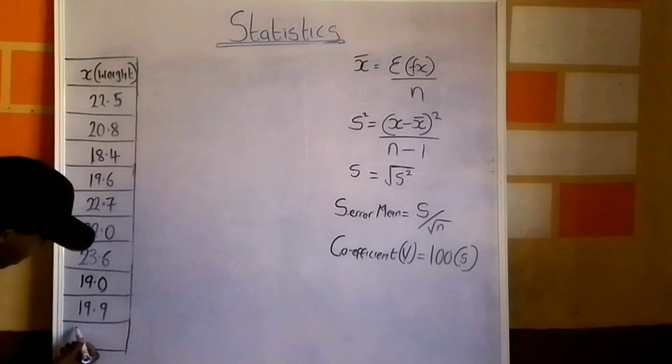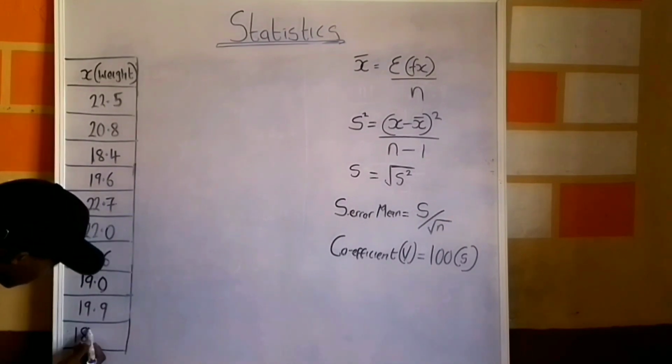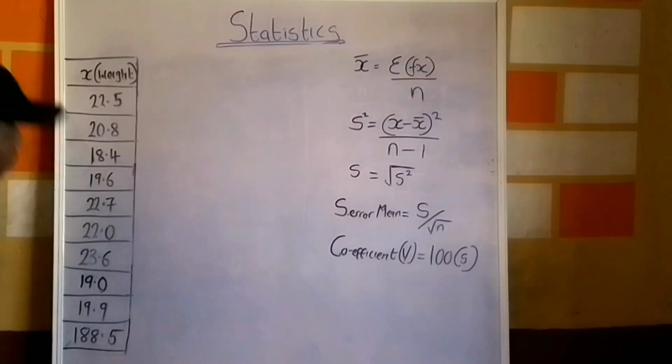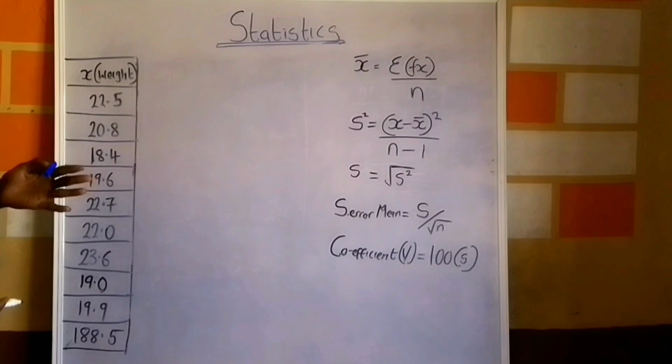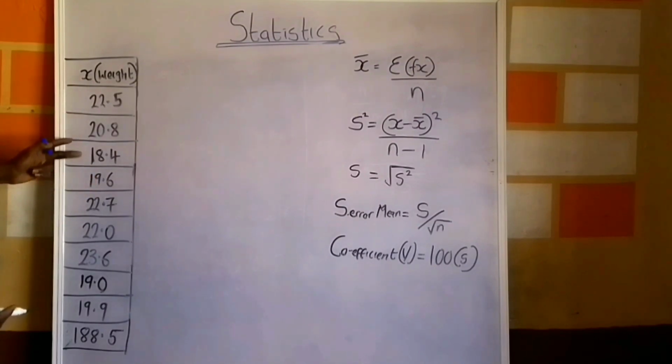That is 188.5. So I have gotten summation fx. Now, how do we get the value of n? It will be 1, 2, 3, 4, 5, 6, 7, 8, 9. The value of n is 9.